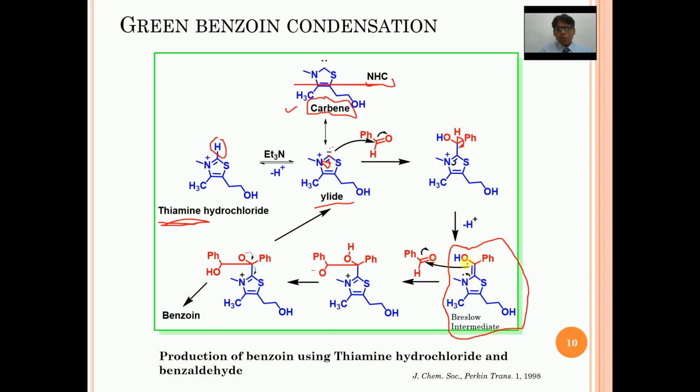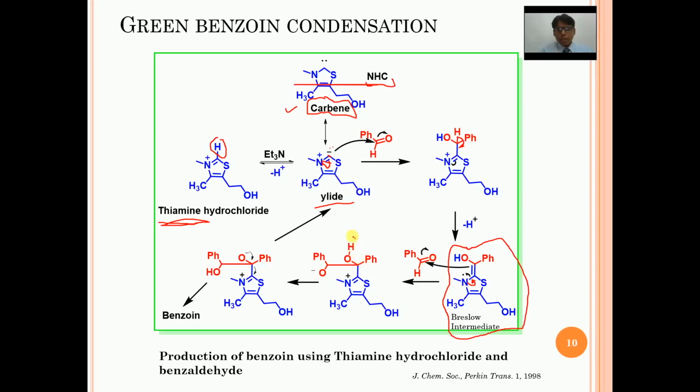Now when the nitrogen lone pair of electrons attacks this carbon again, this electron will move towards the carbonyl carbon, which was electron deficient. So we'll get this product, O minus, and the rest of the structure as it is.